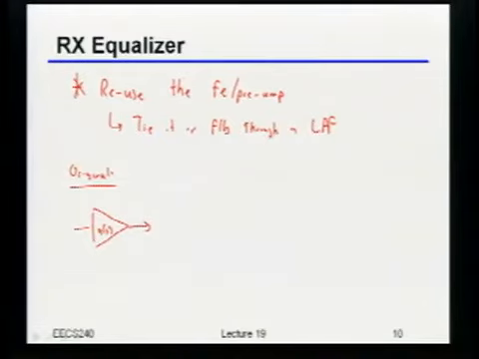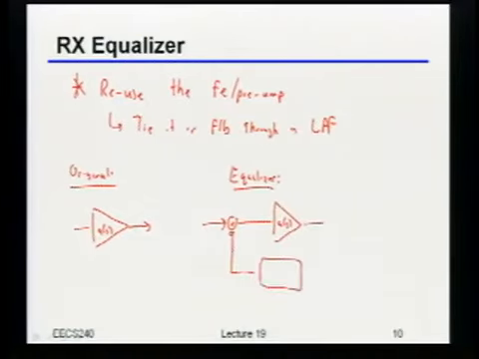Well, if I want to make an equalizer out of it, I tie it through some low-pass filter into feedback. Like this. And let's call this right here G of S.